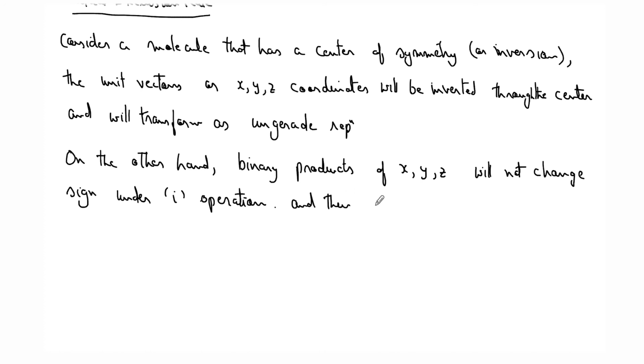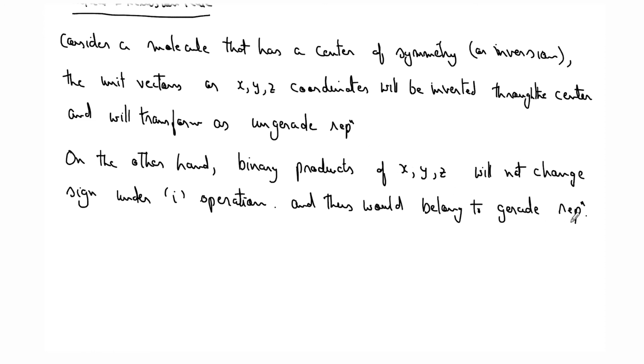and thus would belong to gerade representation. So the irreducible representation corresponding to binary products of xyz, any binary product, will always have a plus 1 sign, because this will be essentially the direct product of the two component irreducible representations, which will have minus 1, right?